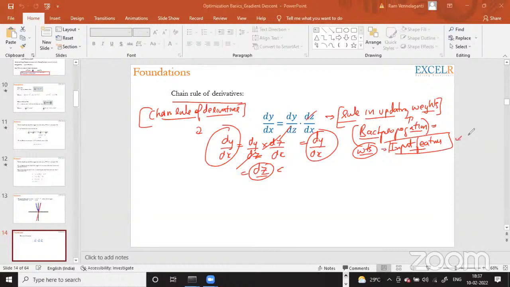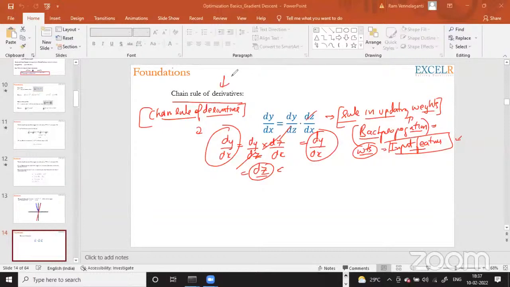And then using these updated weights, we are going to make our predictions. That is what we are going to study. So keep this concept at the back of your mind. It is called the chain rule of derivatives for us.